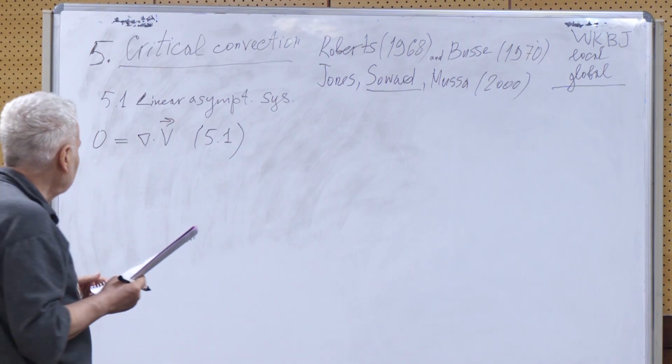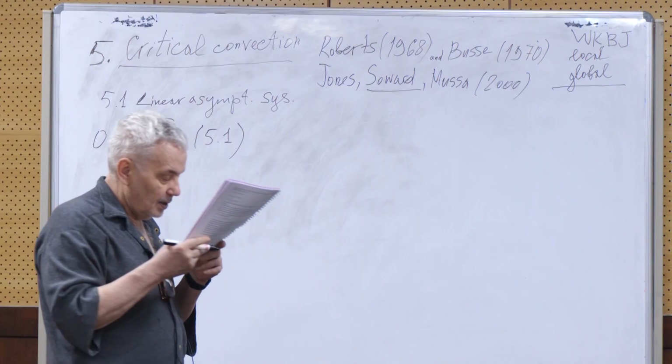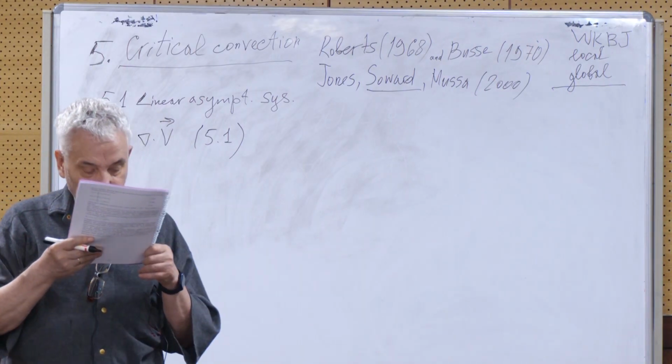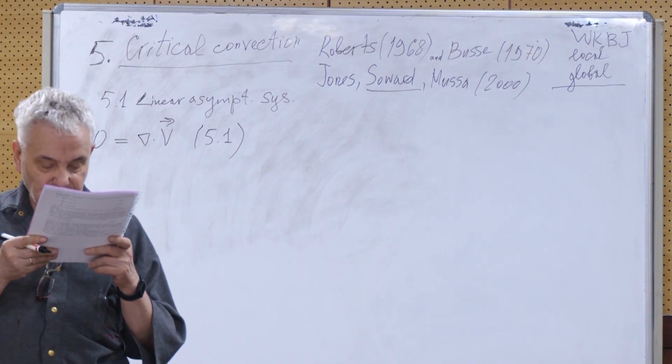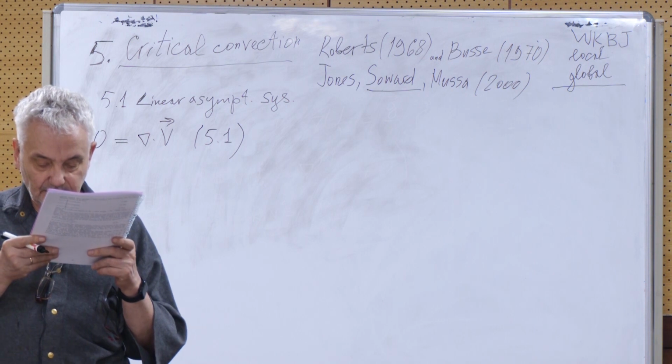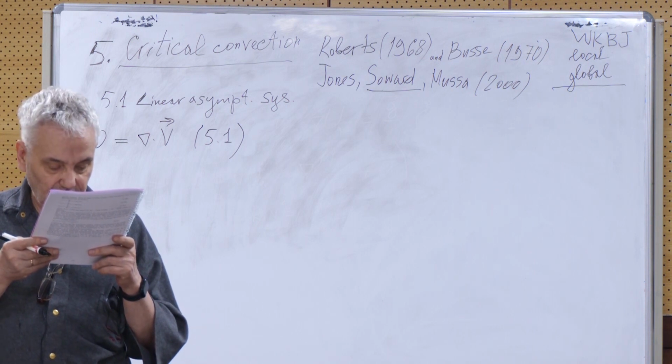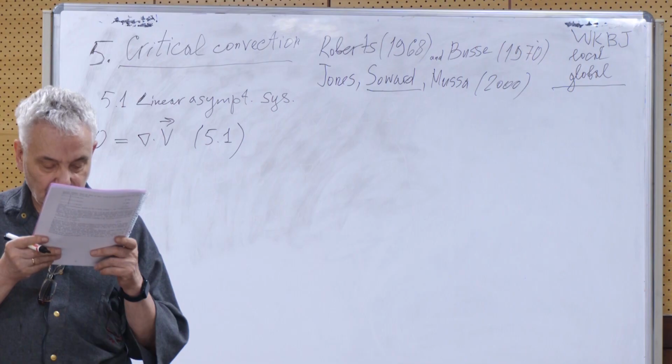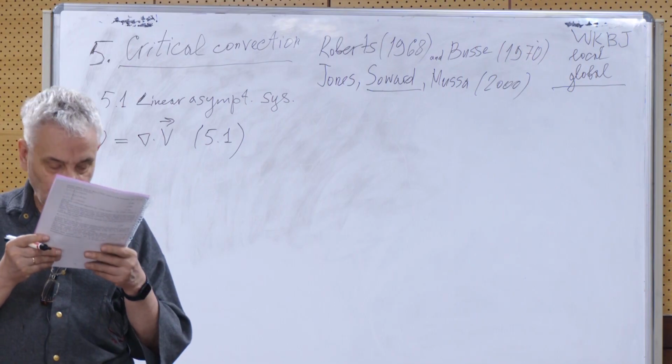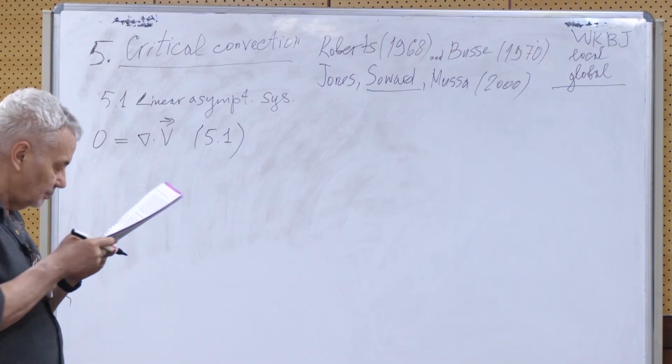So there is some simplification, but nevertheless it works. This means that the heat transfer is described by the well-known Fourier thermal equation of heat conduction, which provides the second equation of the Boussinesq system.